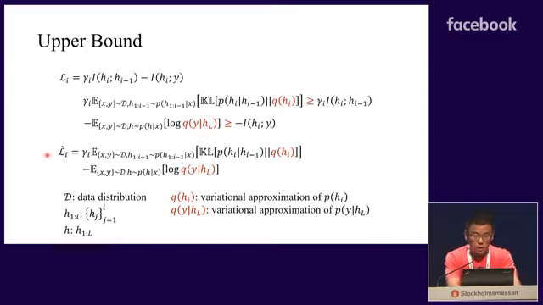So our upper bound can be written like this. Since we've derived the upper bound, the next thing we want to do is to parameterize the distributions in this upper bound.